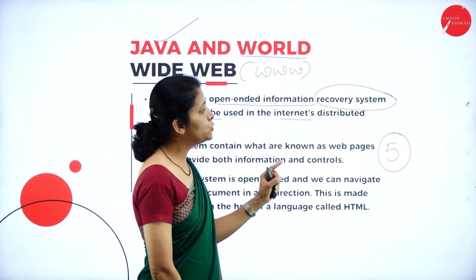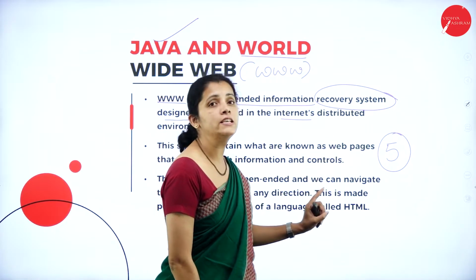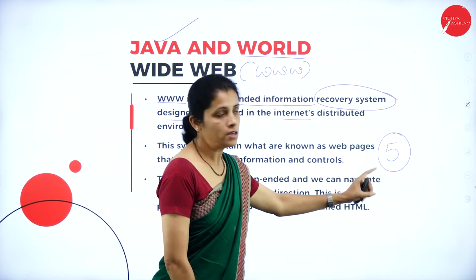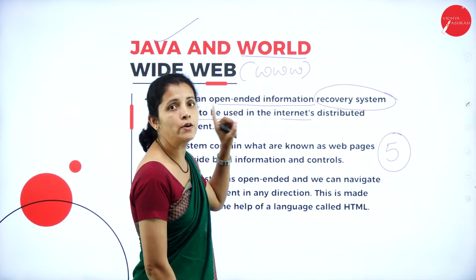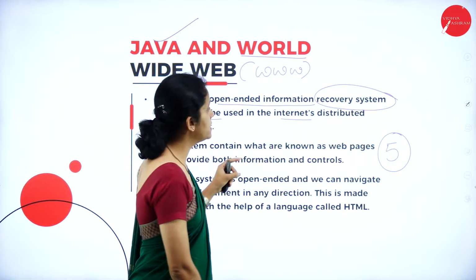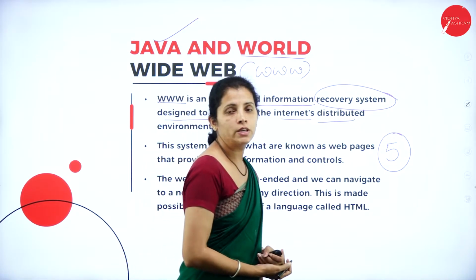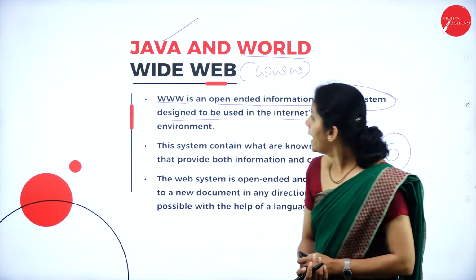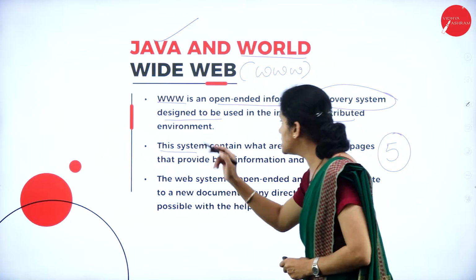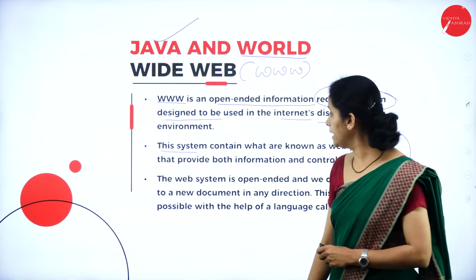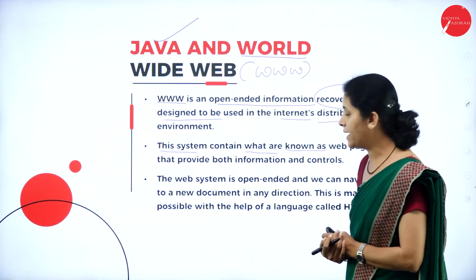Now I'm going to distribute the work between all these 5 friends. Similarly, if I consider World Wide Web, it's mainly designed to distribute the work. So here, distributed environment.